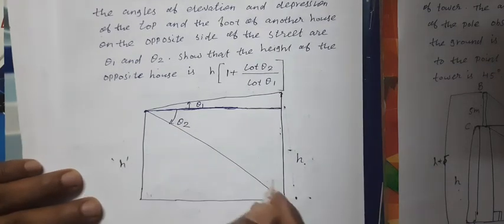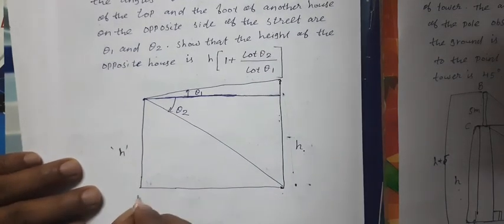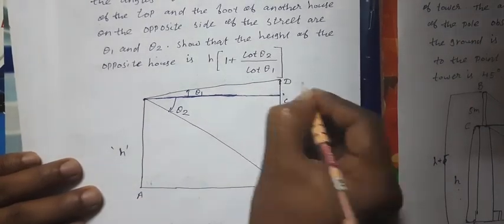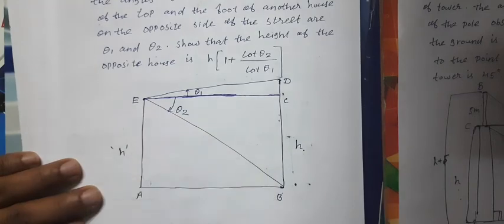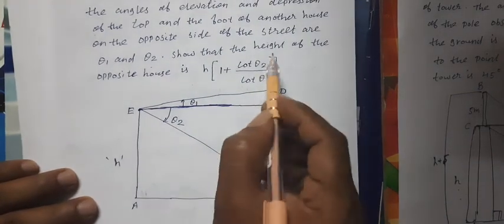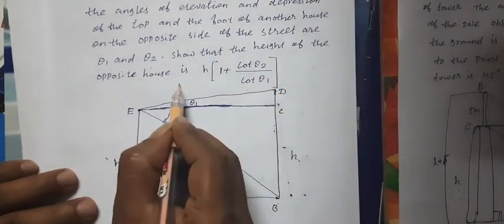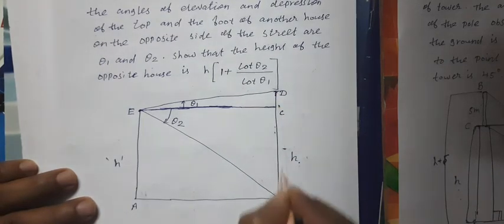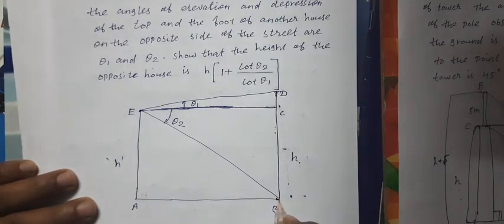Okay, these are given. Next we take the points A, B, C, D and E. Now you want to find the height of the opposite house, that is BD.